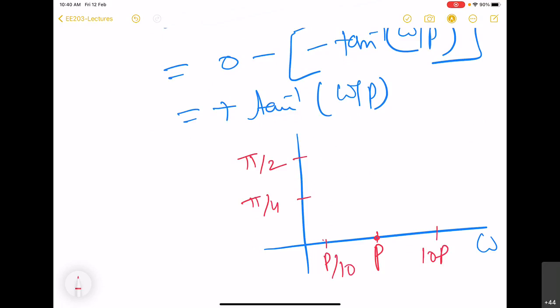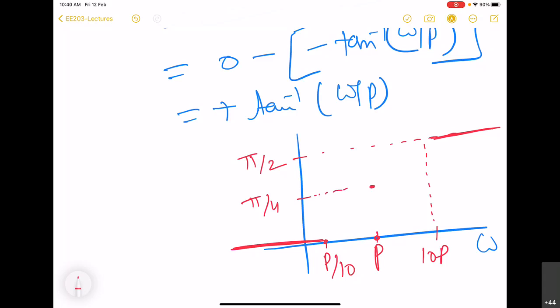So the phase plot is going to coincide with the x-axis till p by 10, and after 10p it is going to be equal to pi by 2, 90 degree. At p, this is going to be exactly equal to 45 degree.